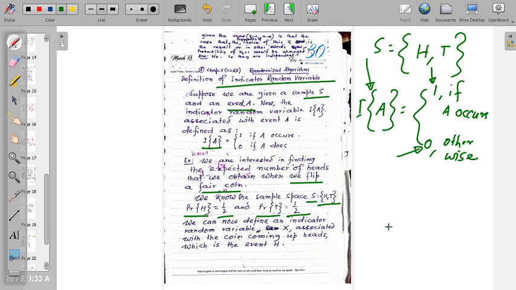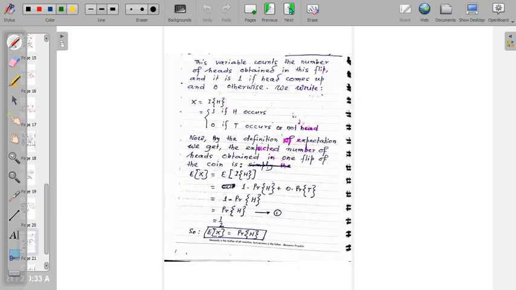Now, how can we define the indicator random variable X associated with the coin coming up heads with this event? How can we associate this random variable X? We are associating this X with counting the number of heads in one single coin flip, mind you.